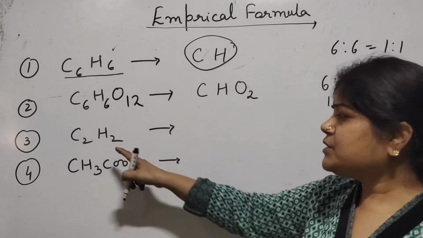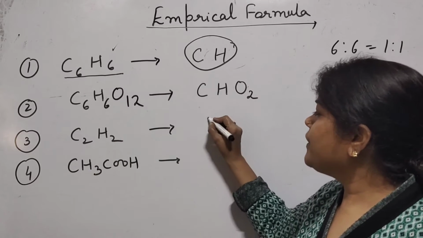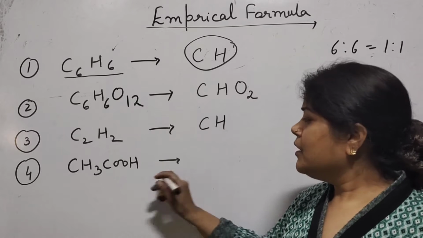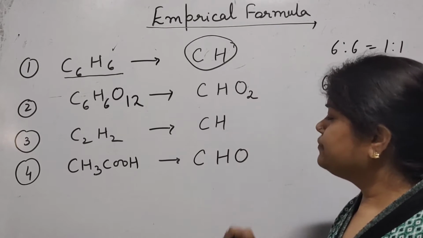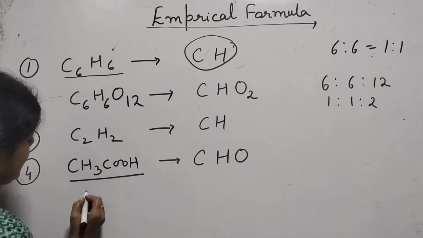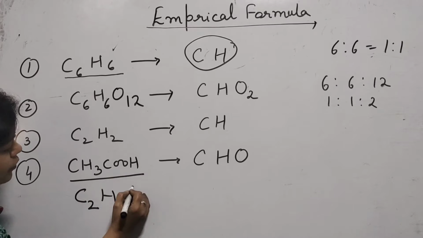Clear? Now the next one is of the same case, we have ratio 2, so we have CH only. Now consider the third one. We have different elements present over here, C, H and O. Now count these: we have C2, H4 and O2.